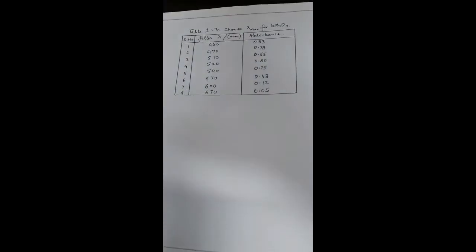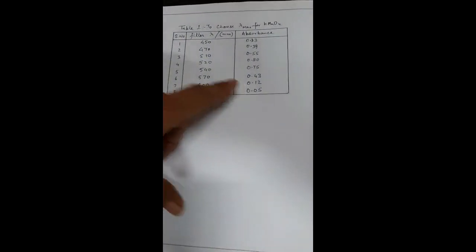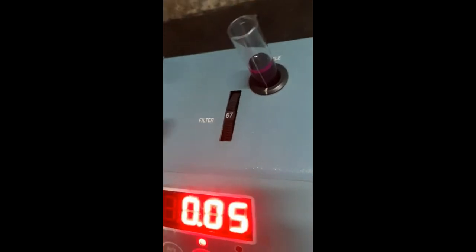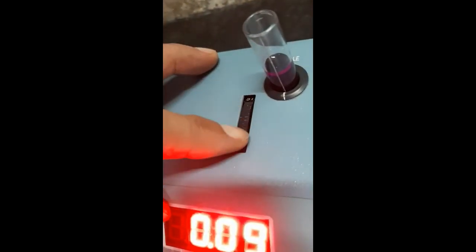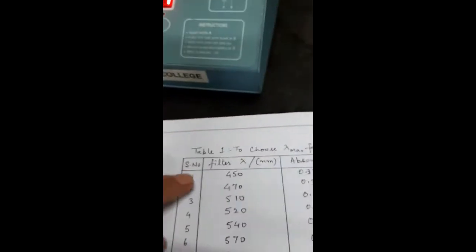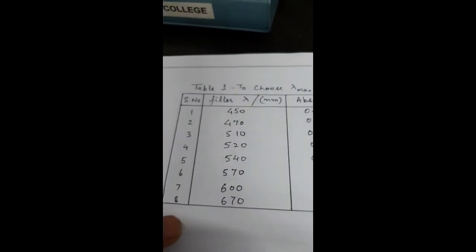So we have determined the absorbance using different filters on this colorimeter wheel. You can choose different filters by rotating this wheel. There are 8 filters on this colorimeter, ranging from 450 nanometer to 670 nanometer. So this colorimeter gives you only the visible range, and in this range we have determined the absorbance for different lambdas.